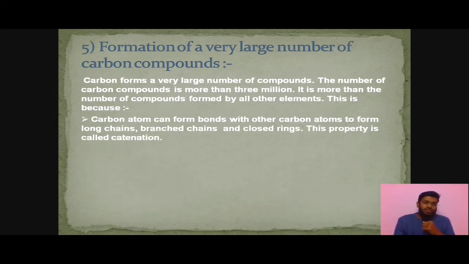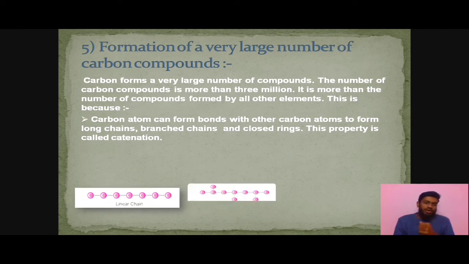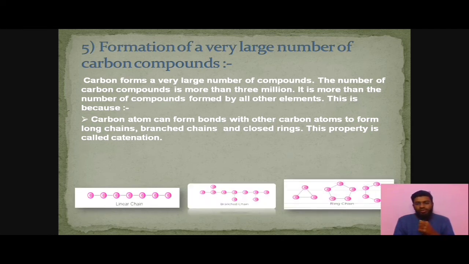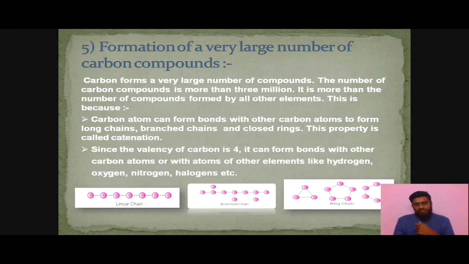This is because a carbon atom can form bonds with other carbon atoms to form long chains like this, or branched chains, or ring chains. This property is called catenation. Since the valency of carbon is 4, it can form 4 covalent bonds with carbon atoms or with other atoms like hydrogen, oxygen, or nitrogen.